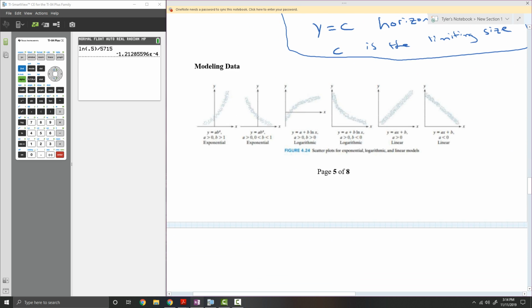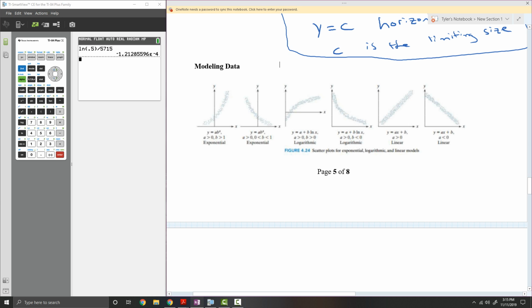At the bottom of the page are just some scatter plots for some models. If we want to model data, here we're looking at 3 different types of models: exponential, logarithmic, or linear.